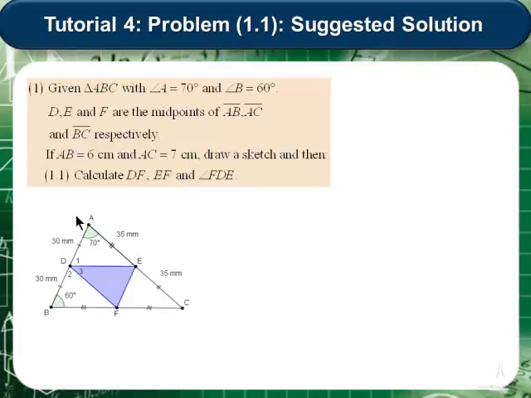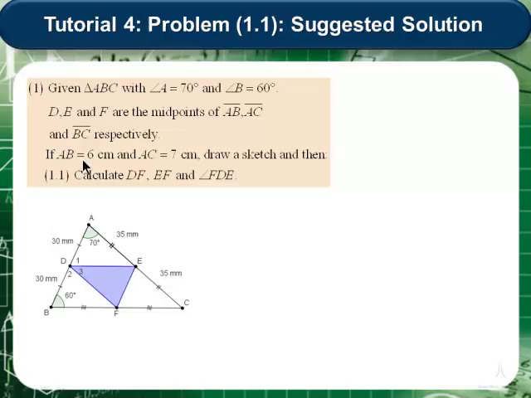You are given a triangle ABC with angle A 70 degrees and angle B equal to 60 degrees. Furthermore, D, E and F are the midpoints of line segments AB, AC and BC respectively.